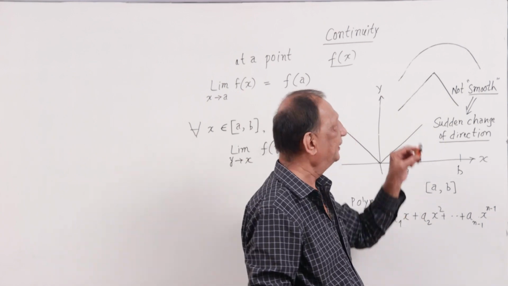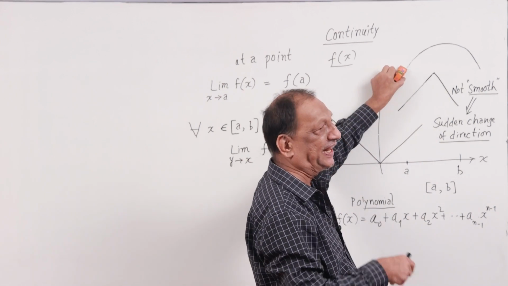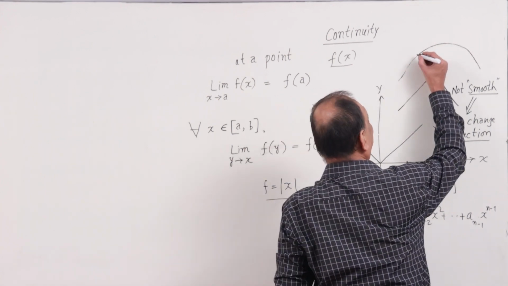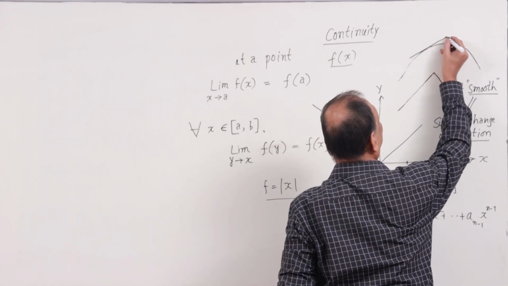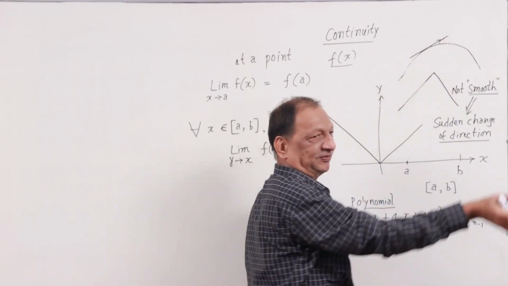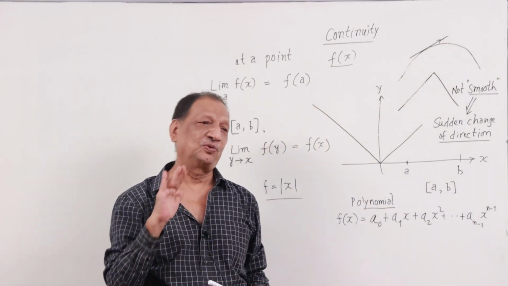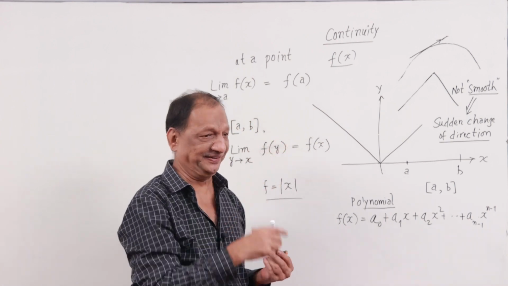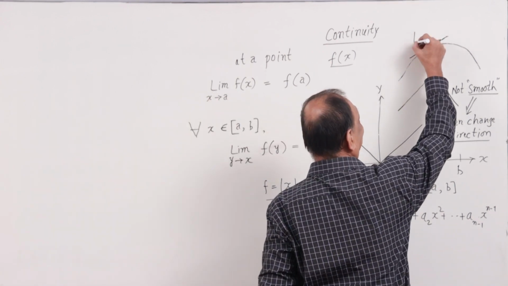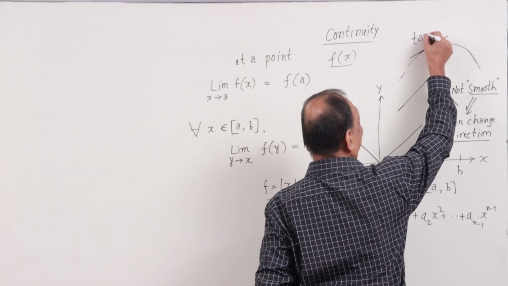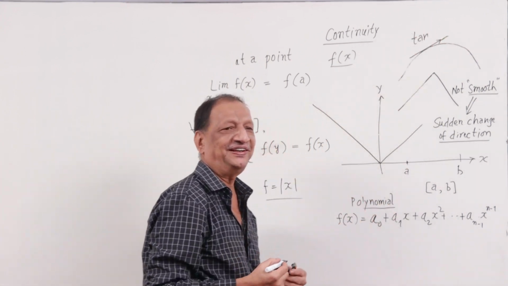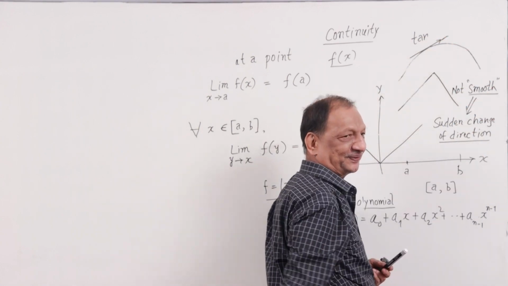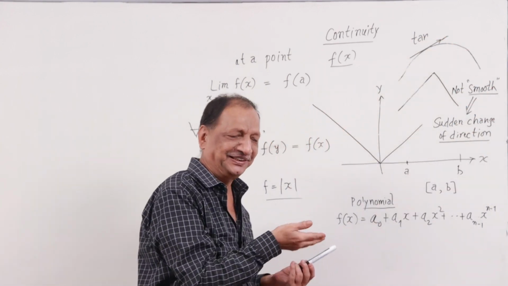And one more aspect, if you see the car, what is the direction of the car? Wherever it is on the smooth road, you can see it is always tangential to the curve. Always tangent. So the tangent itself has got to be continuous. The tangent is a derivative. Actually, that is a differential.